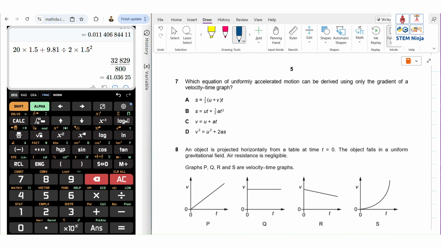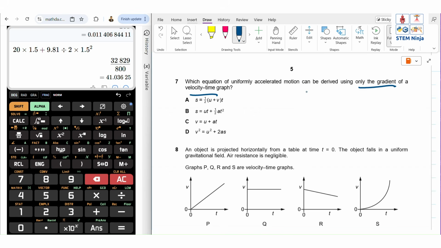Which equation of uniformly accelerated motion can be derived using only the gradient of the velocity time graph? Now let's see. Only the gradient. Okay.